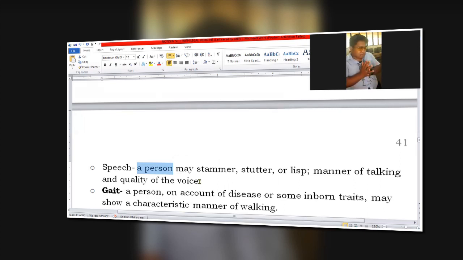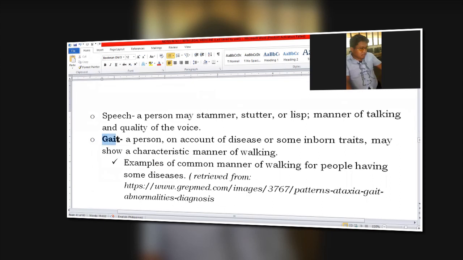So speech: a person may stammer, stutter, or lisp, manner of talking, and quality of the voice. We can use this in order to identify a person, okay?